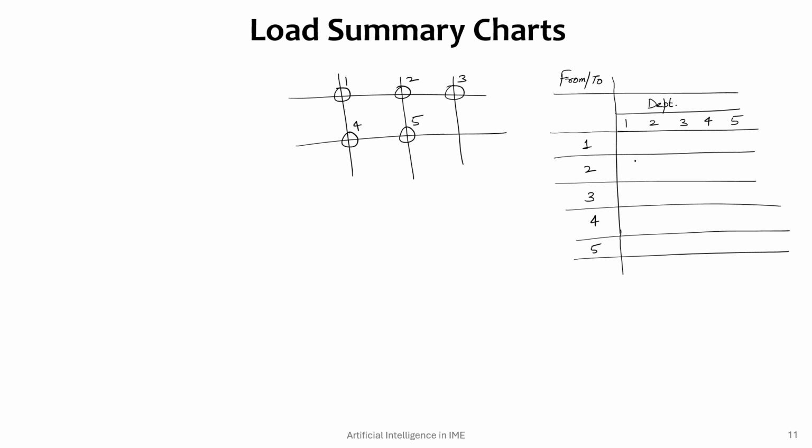Now we don't have any movement from 1 to 1, so let's rule out these: 2 to 2, 3 to 3, 4 to 4 and 5 to 5.